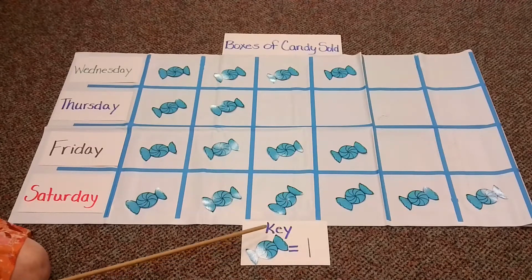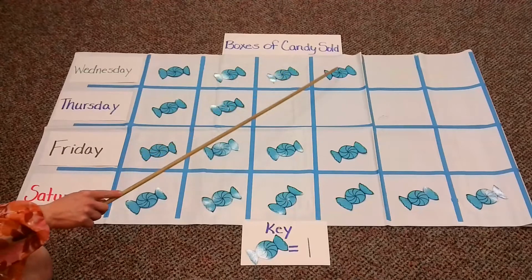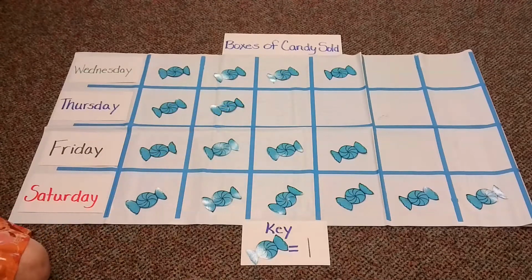Well, if you look down here, there's something that we call a key. The key shows the picture of what is in our pictograph. You notice it's a candy piece. Each one is equal to 1. So that means if I want to count these candy pieces, I'm counting each one by 1.